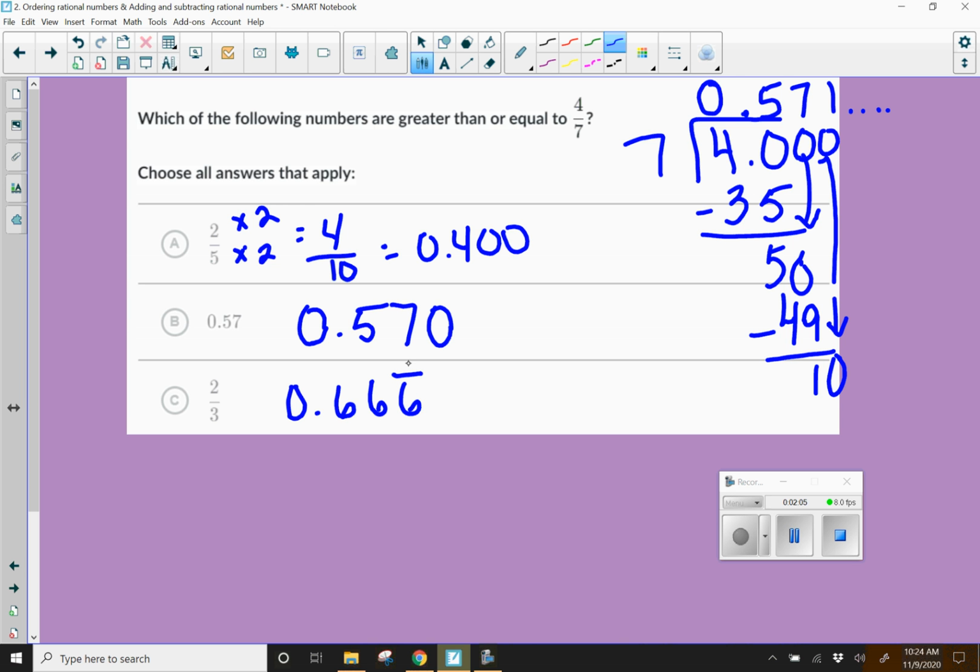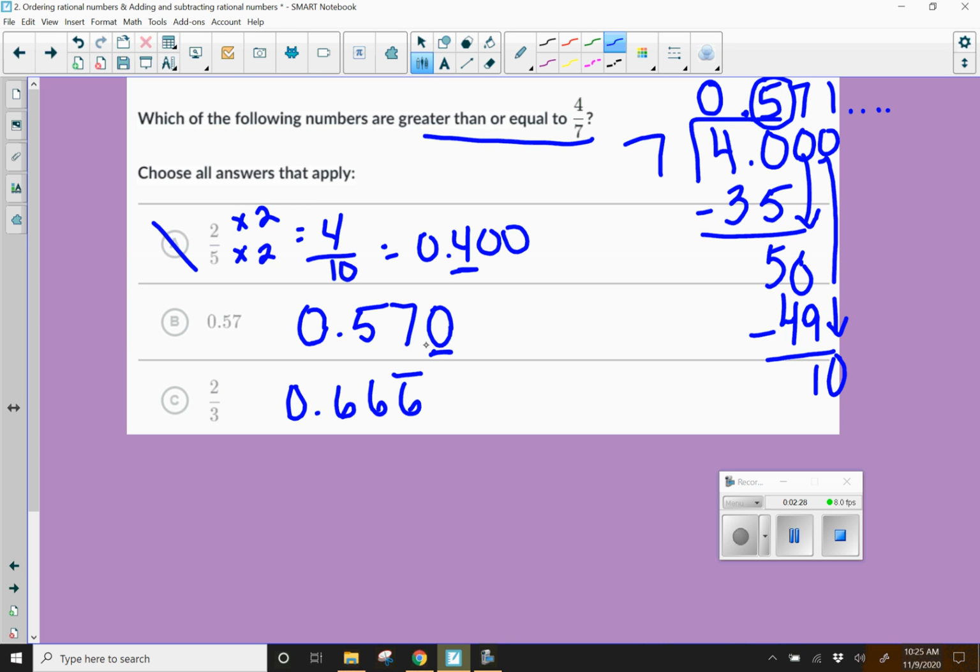So we're looking for the numbers that are greater than or equal to 4/7, which is 0.571. So obviously A doesn't work because if you look at the number in your tenths place, it's a 4, and we're looking for a 5, as you can see up top. Here we've got 0.570.